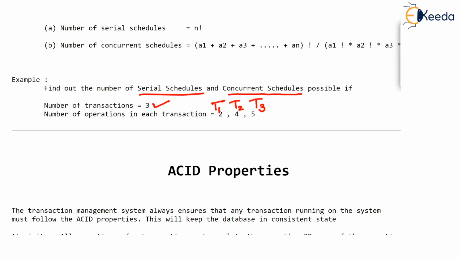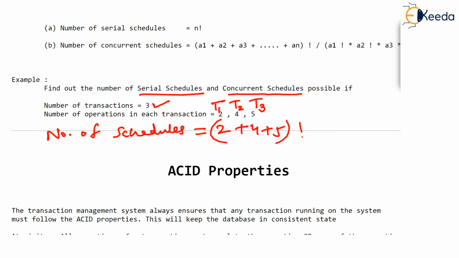They are asking how many serial schedules and how many concurrent schedules are possible. Now, first of all, the number of schedules possible is (2 plus 4 plus 5) factorial divided by 2 factorial into 4 factorial into 5 factorial, isn't it so?